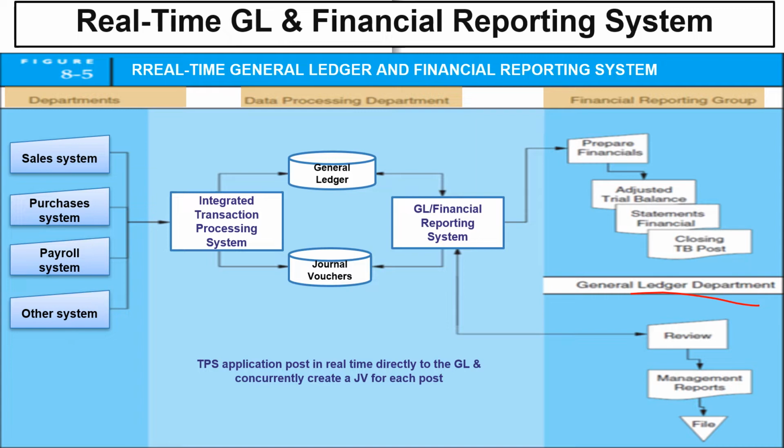The output of this process also goes to the general ledger department for review, as well as for preparing the financial statements and adjusting trial balance, and also the closing trial balance, posting the closing entries after or post of trial balance.